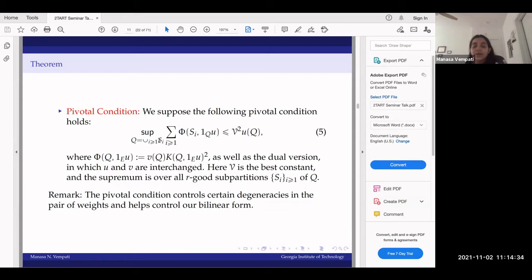But if we take the supremum over all of these cubes Q that come from any dyadic level, and take the sum of this function phi, we are able to dominate it with some constant nu squared times the u measure of the cube Q. So this pivotal condition plays a great role in handling the degeneracies in the pair of weights we take, and it's very inspired from the original proof given by Nazarov, Treil, and Volberg for the Hilbert transform.